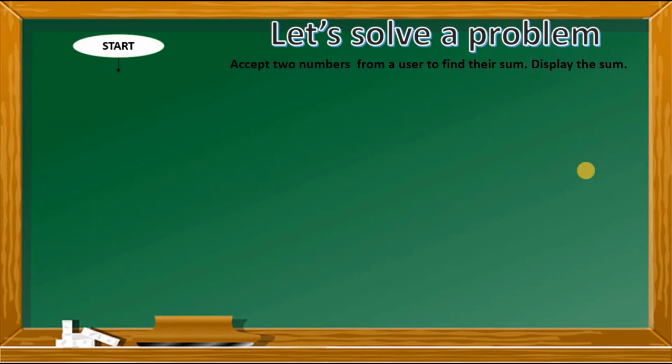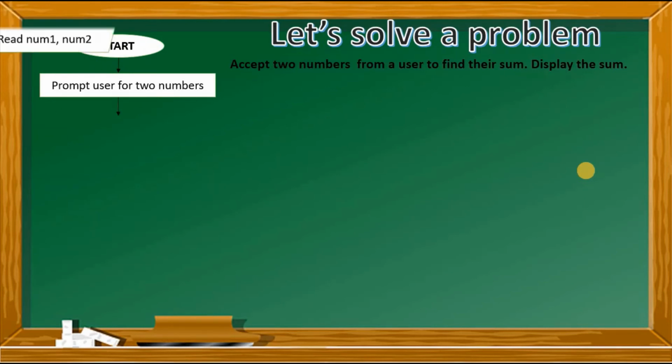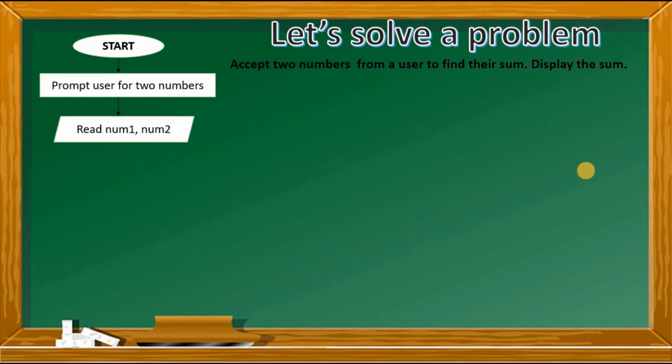Following this, we would then prompt the user for 2 numbers, right? And then from there the user would enter the numbers. So the computer would now read the num1 followed by the num2 that the user entered.